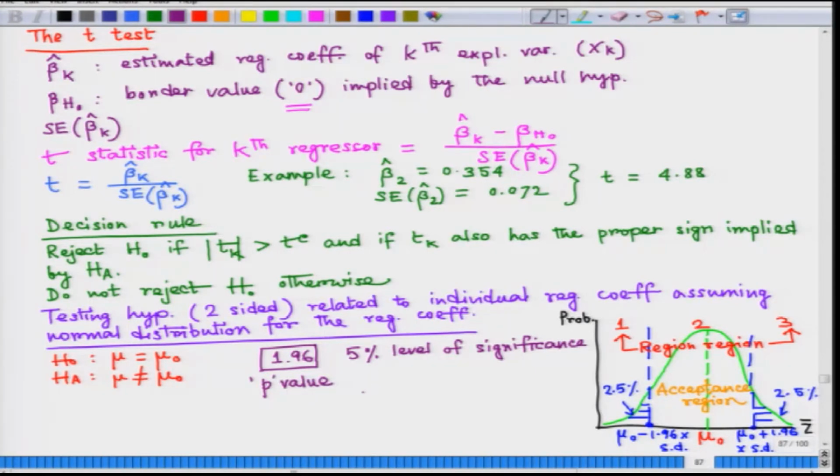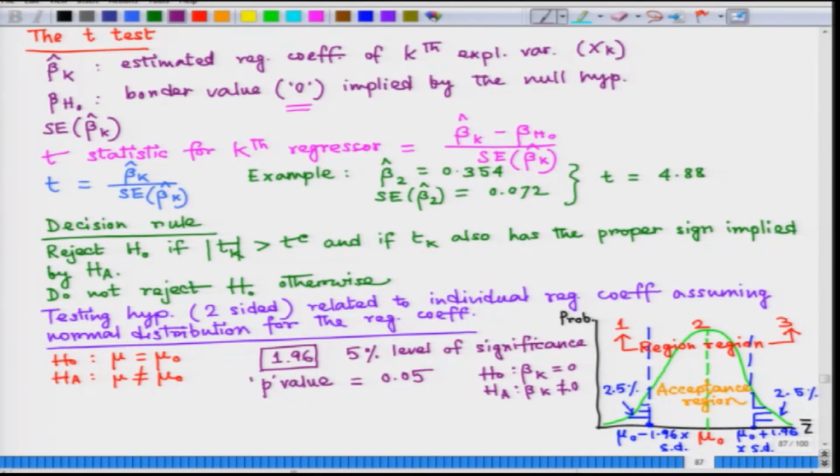If the p value is equal to 0.05, that gives a threshold for the 5% level of significance while judging the regression coefficient against the null hypothesis H naught: beta k equal to 0, against the alternative hypothesis that it is not equal to 0.